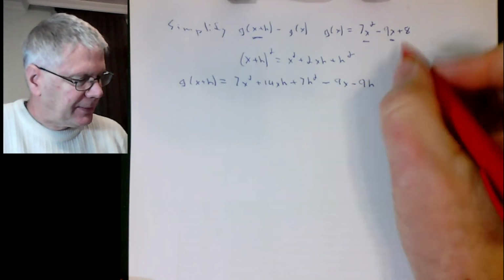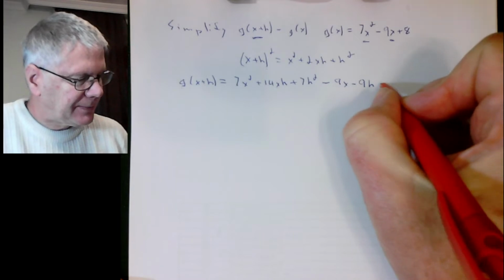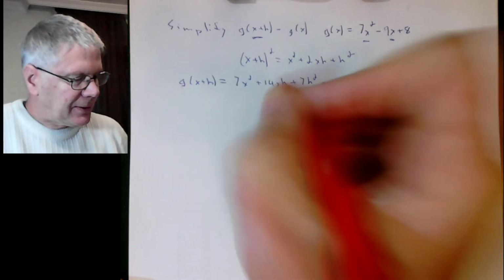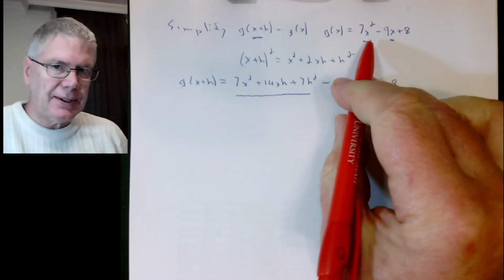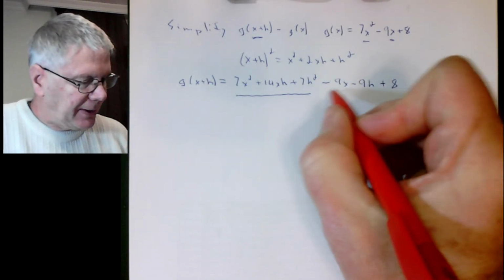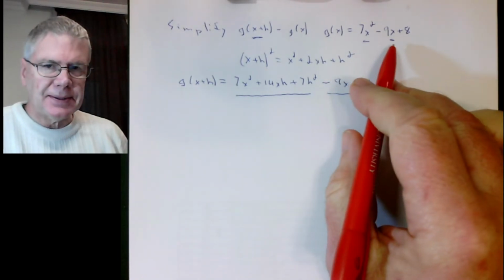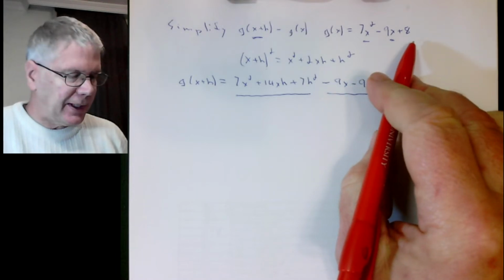And I'm still going to have my 8. So this is 7 times x plus h squared, this is minus 9 times x plus h, and this is my constant 8.